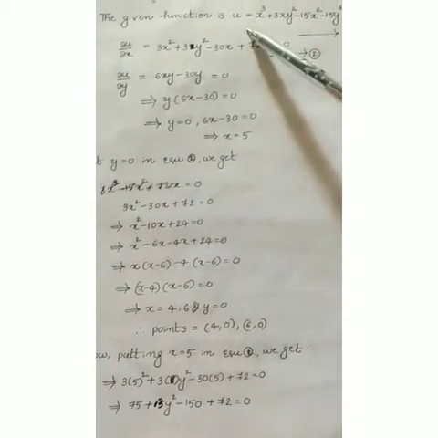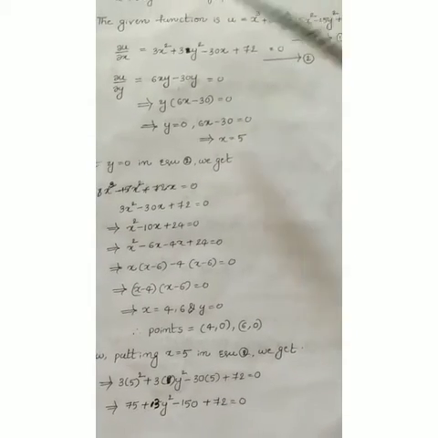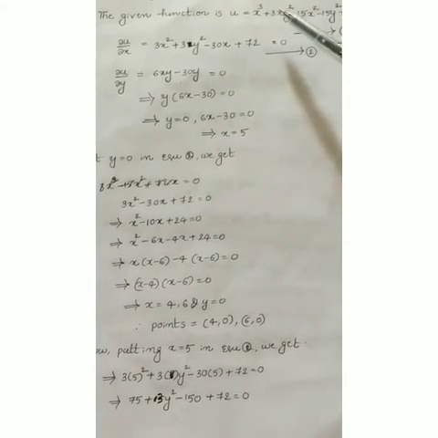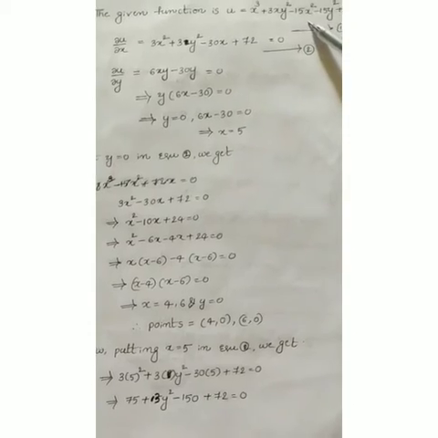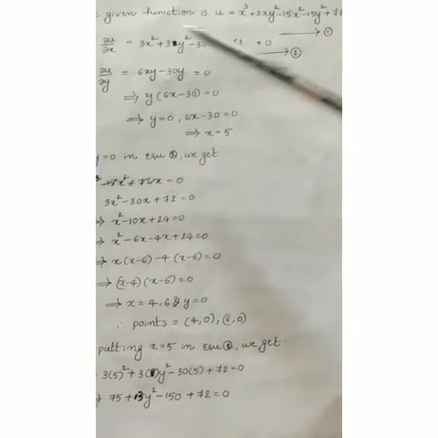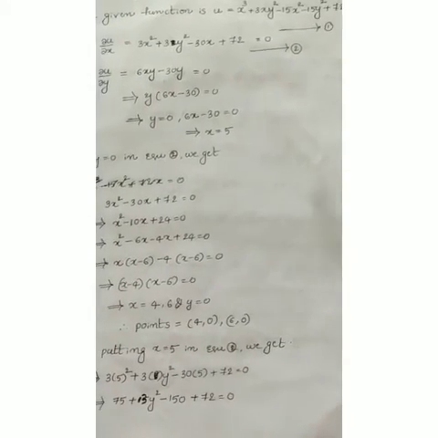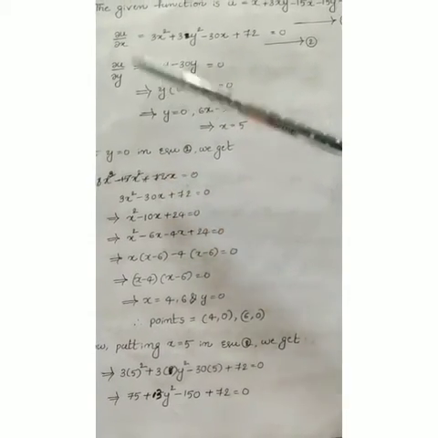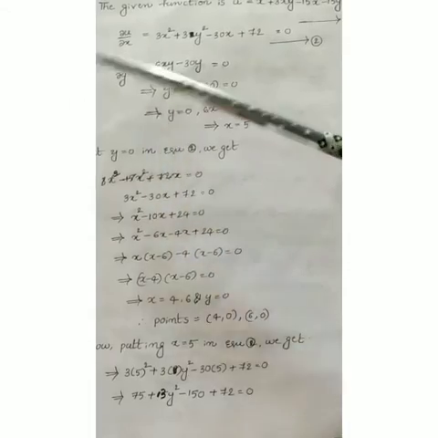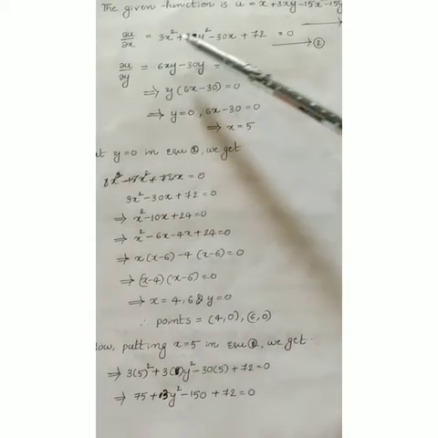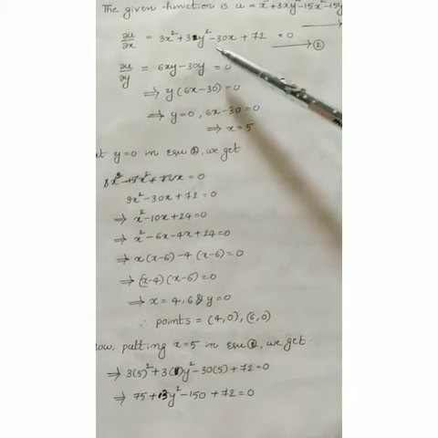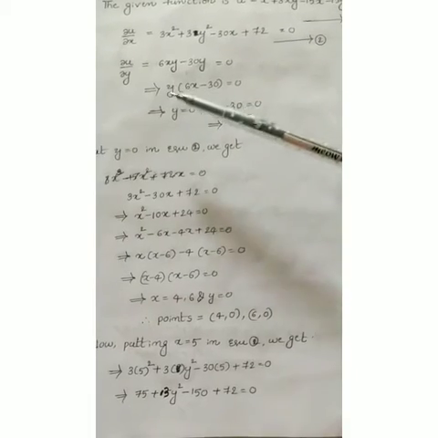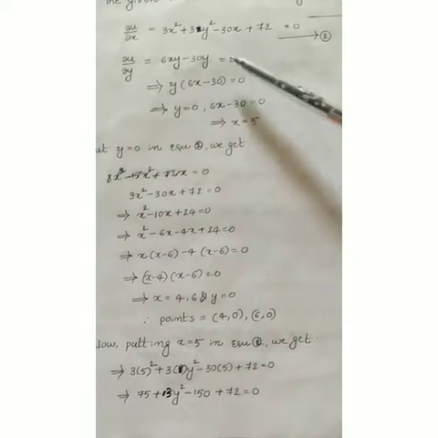And dou u by dou y, we are differentiating u with respect to y. So this is 0, 6xy, this is 0, minus 30y, this is also 0. Now for the maximum and minimum values, dou u by dou x equal to 0 and dou u by dou y equal to 0, that is 3x square plus 3y square minus 30x plus 72 equal to 0 and 6xy minus 30y equal to 0.